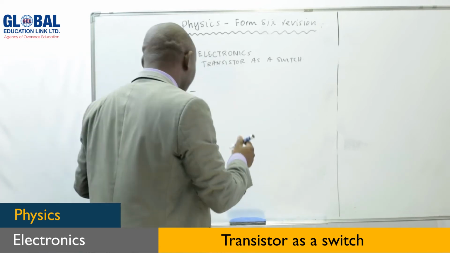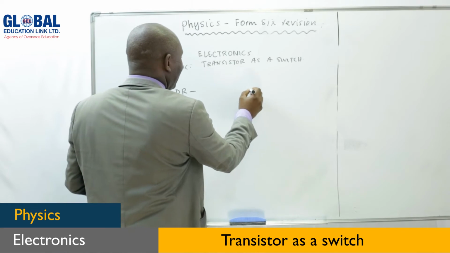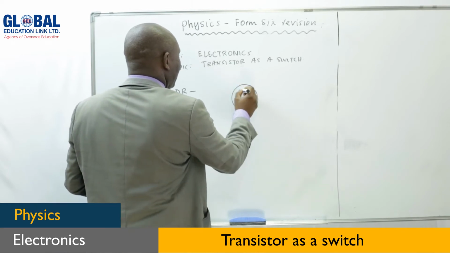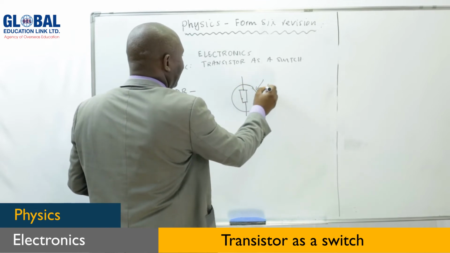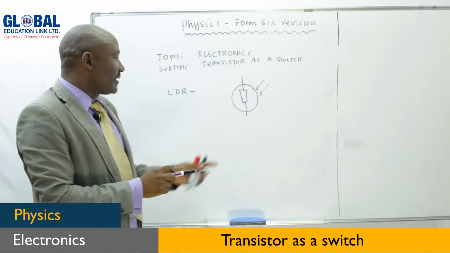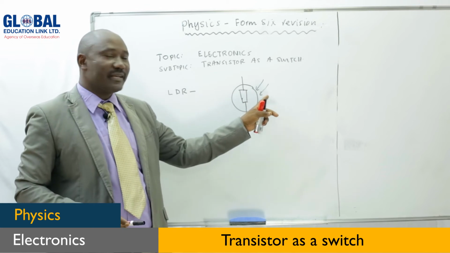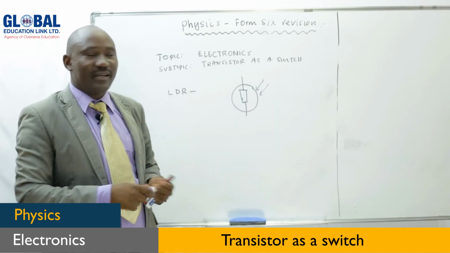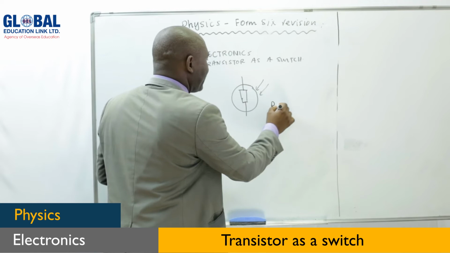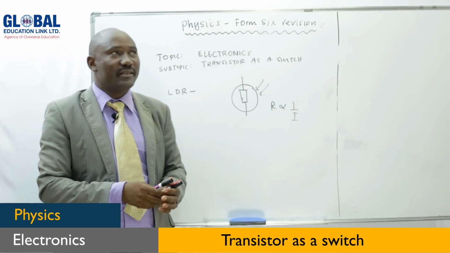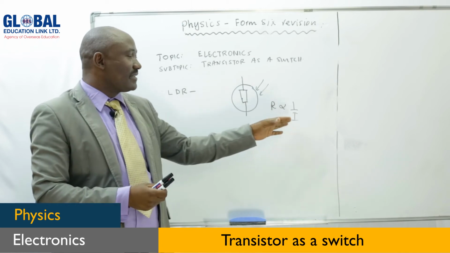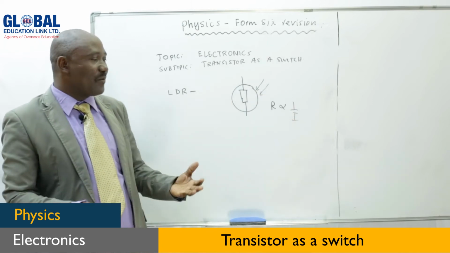If you remember the symbol for this resistor from your class, that was the symbol for it. That means the resistance will be changing depending on the amount of light falling on it, and the resistance is inversely proportional to the intensity of light. If you remember, that's the principle we did in the PN junction, when we talked about the other components.